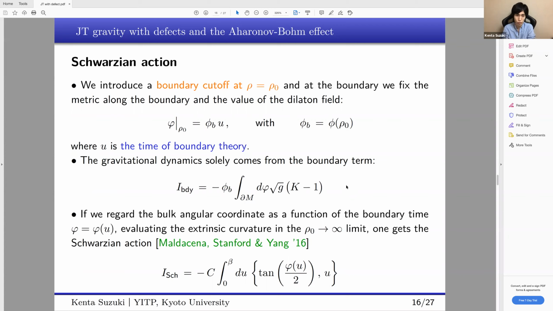Therefore, if you take the near-horizon geometry of such a black hole, it actually reduces to some conical defect angle when we consider the two-dimensional theory.